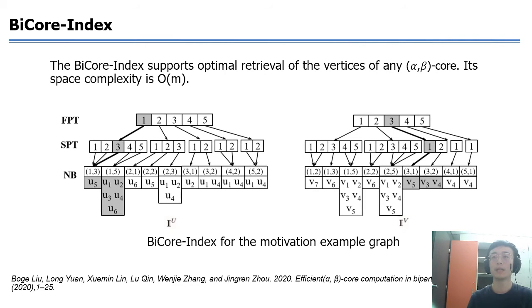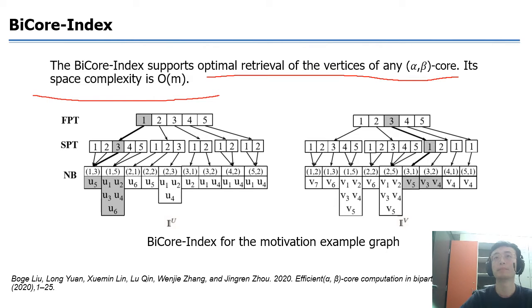To efficiently retrieve the alpha-beta cores, in the literature, an index called the bicore index is proposed, which can support optimal retrieval of the vertices of any alpha-beta core, and the space complexity is only O(m).